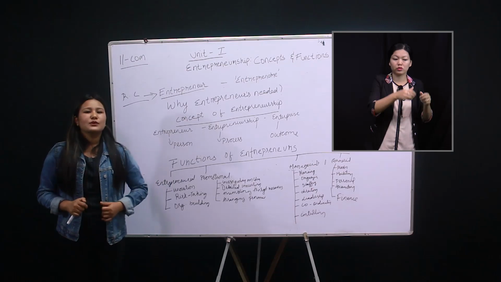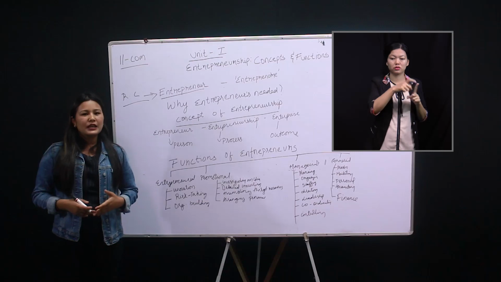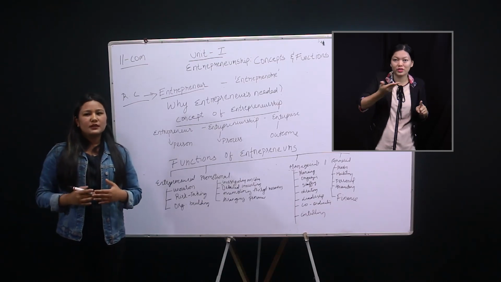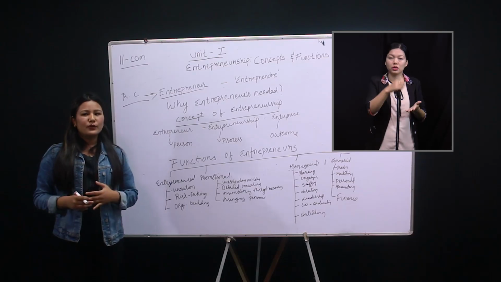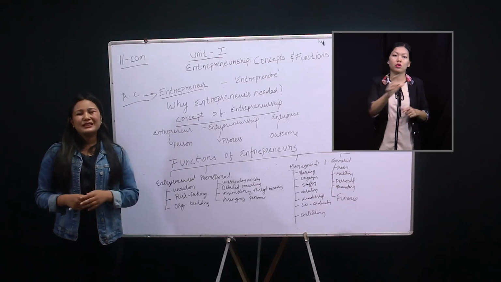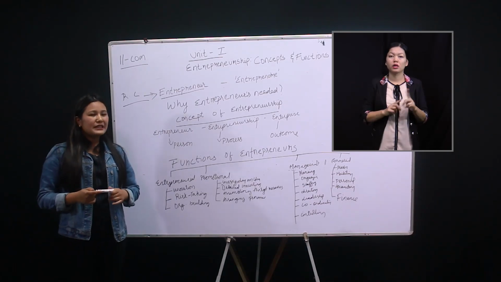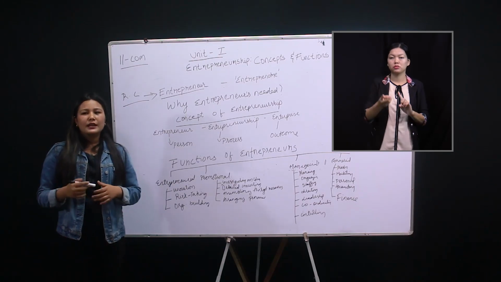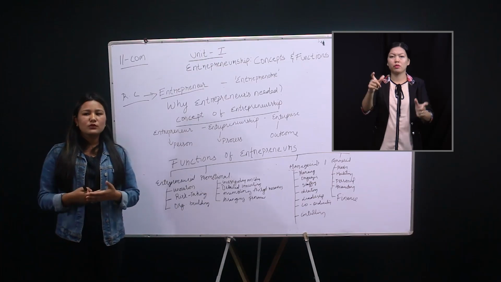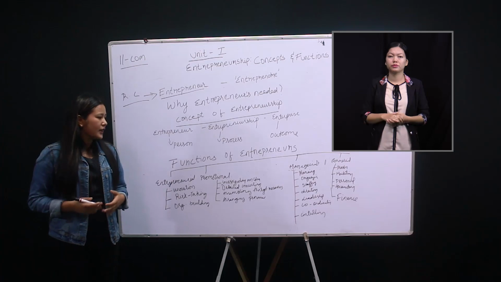The next is directing. Directing is giving instructions. As an entrepreneur, a person needs to give instructions to the employees to achieve its objective. Next is leadership. An entrepreneur should be a leader. An entrepreneur should lead, guide, and influence the employees to work for the betterment and to achieve the common goal, which will help the employee as well as the entrepreneur.